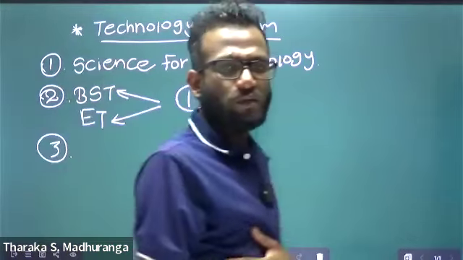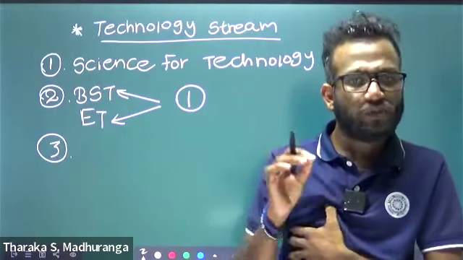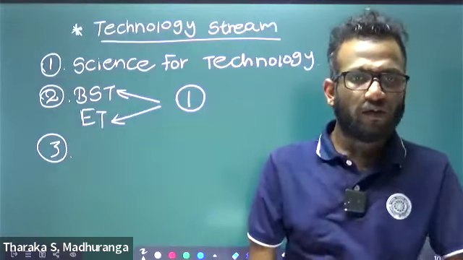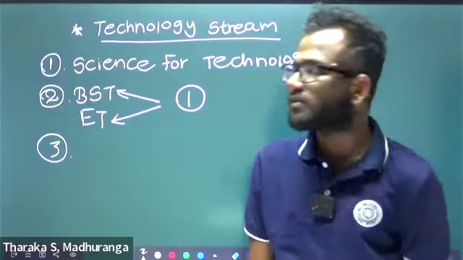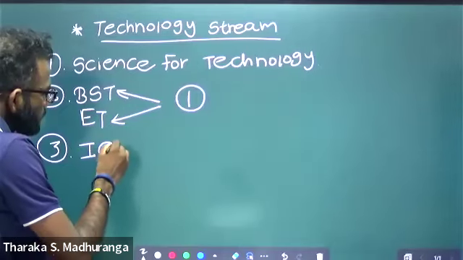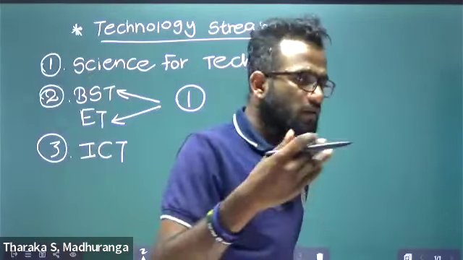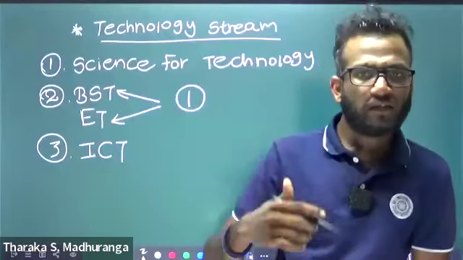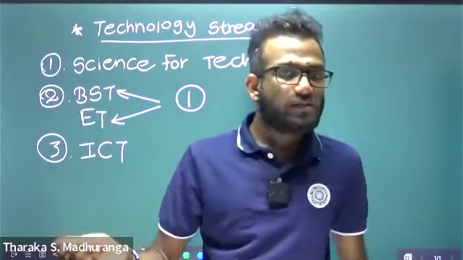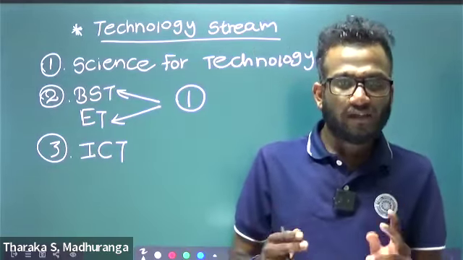As the third subject, you have 10 selections. According to your preference, you can select one of the given subjects. ICT is the best one. If you select ICT, it's better, because I will explain in future parts. There are so many chances to select universities if you select ICT as your third subject.